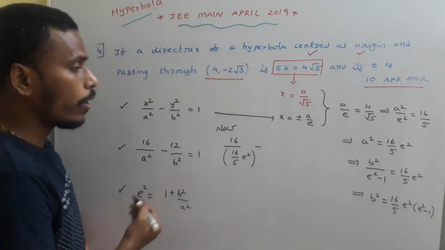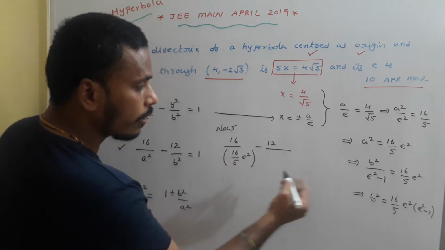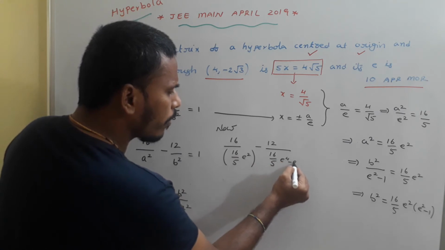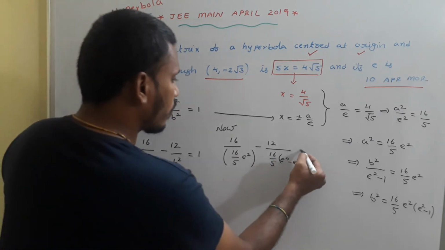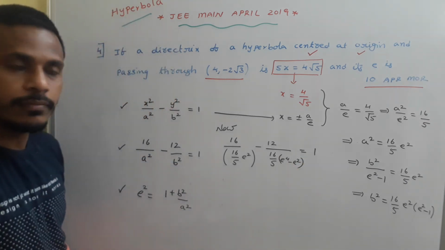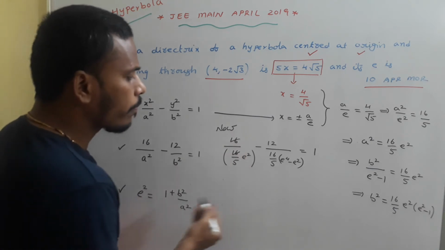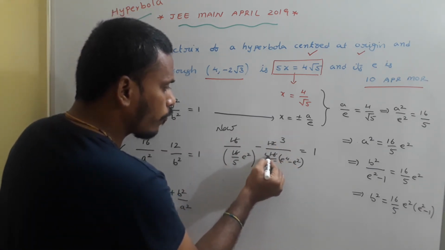Minus 12 by b square. 12 divided by what is b square? b square is this 16 by 5 into e power 4 minus e square. This is equal to 1. First of all, cancel out this 16. Then here you cancel out 4 3s and 4 4s.